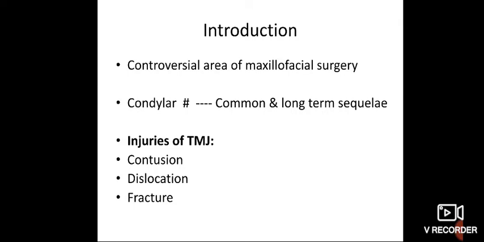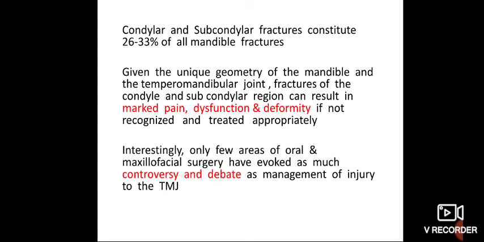There can be predominantly three types of injuries to the joint proper along with the condyle. You can have contusion injuries, you can have dislocation injuries to the TMJ, and you can have fracture. You can have fracture along with dislocation of the condyle also. That's what the classification is going to teach you.